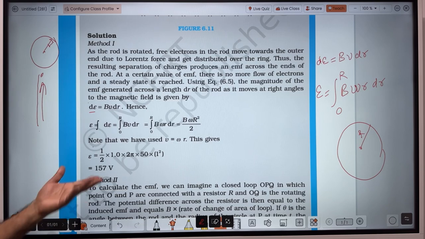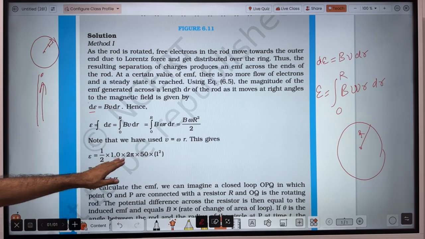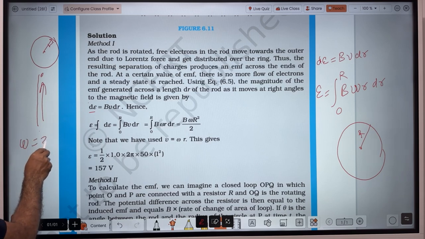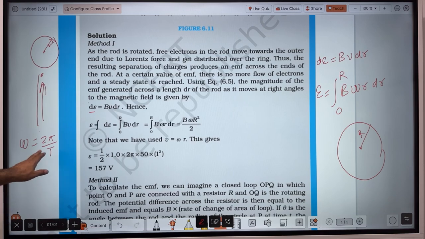And we know V equal to r omega. In our question, B is given, and omega is 2 pi into, what is the formula? Omega equal to 2 pi by T. So we can put the value of frequency, which is given as 50, if you observe.